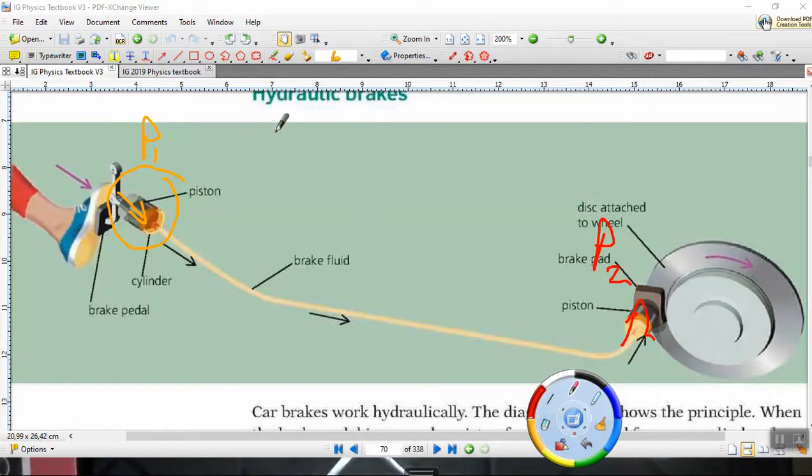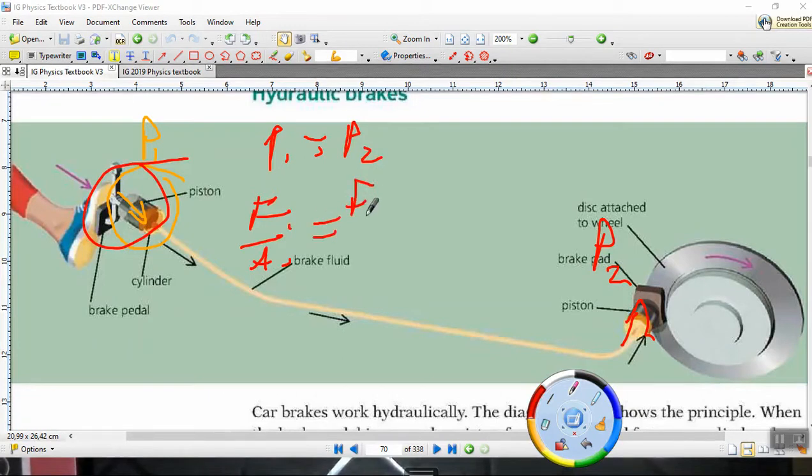Okay, so since pressure 1 is equal to pressure 2, force over area on this side must be equal to force over area on that side. And because we can change the areas, we can control how much.